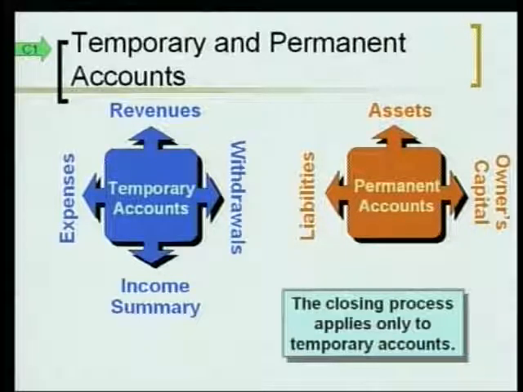That means we close those out. Another account that is temporary is withdrawals, owner withdrawals. We zero or close that out at the end of an accounting period. And then there's another account that you don't know yet, and we'll talk about it today, called income summary. And that is a temporary account that we close as well.